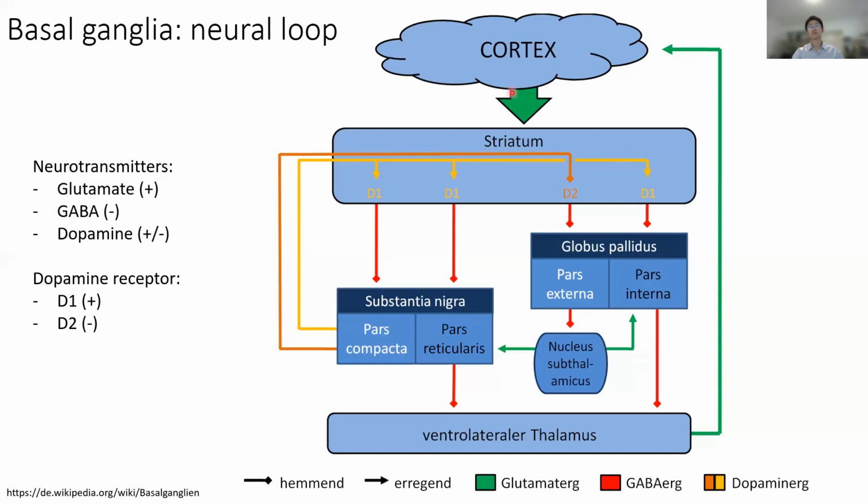So that means the cortex sends glutamate, which is excitatory, and they use twice GABA, like twice negative and one positive. So if this doesn't exist, that means from cortex to basal ganglia and back to the cortex is one positive, two negative, one positive, which means positive. That means this loop is excitatory.